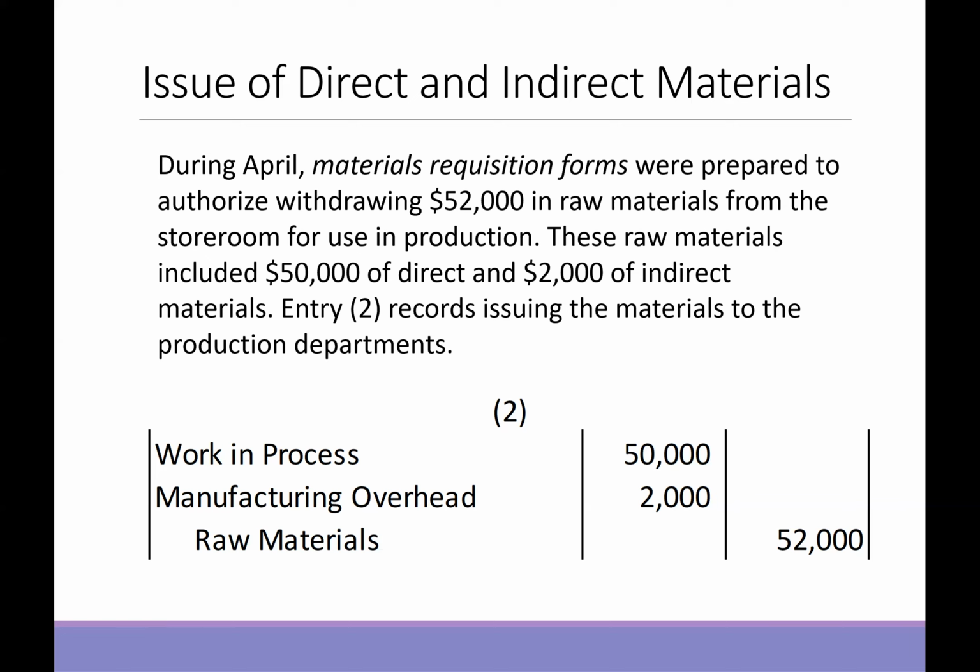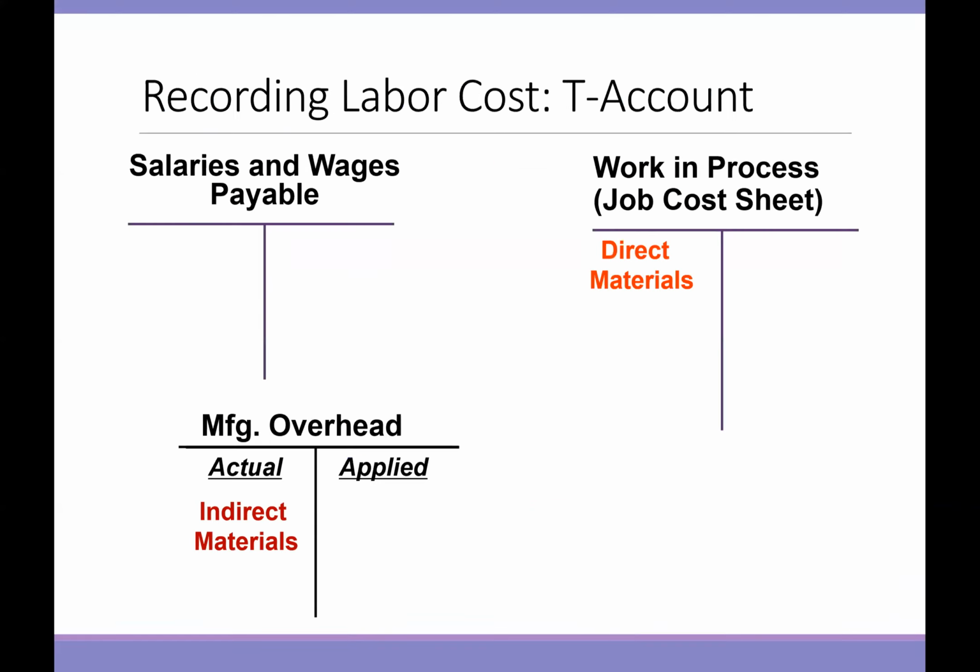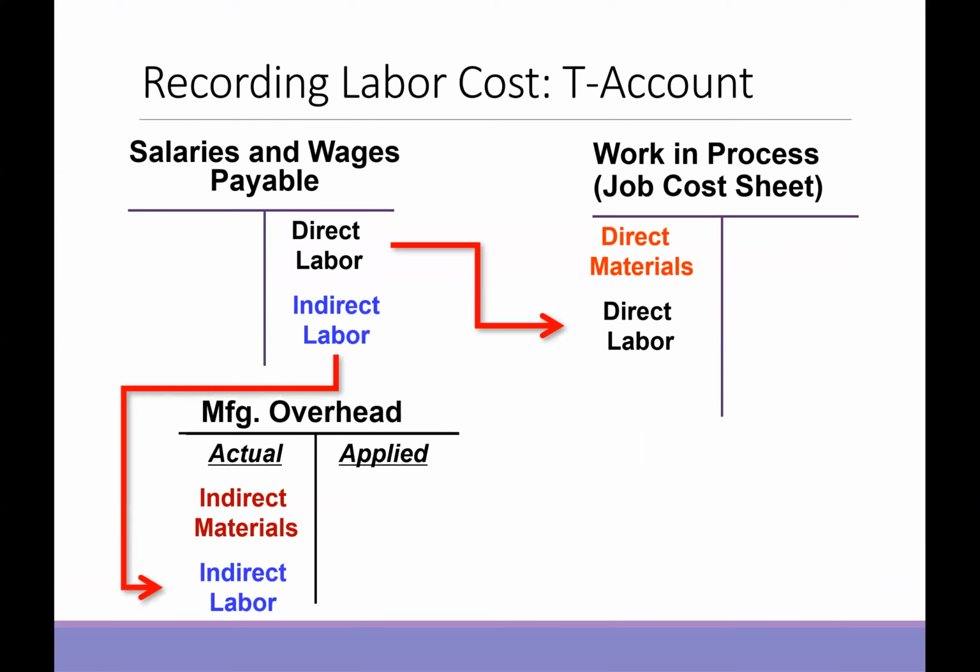Okay. So again, the journal entry for the requisition of product would be, we credit that raw materials of the whole amount. Some of it's going into the work in process, some's going directly into just manufacturing overhead. Then, as we are paying wages, we're paying different kinds of wages here.